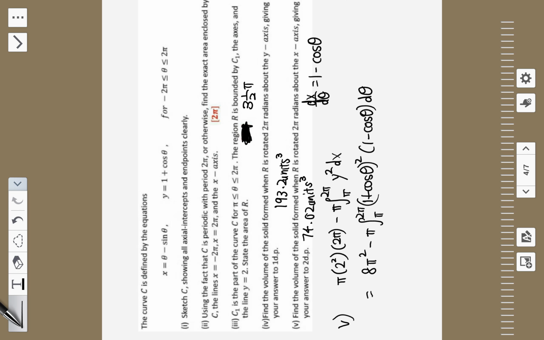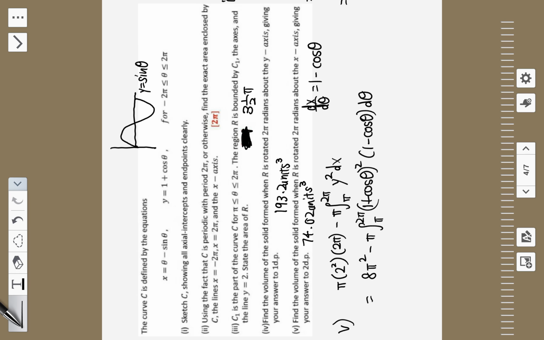So there is also a side discussion on that YouTube, that what if you got something like this, and you're asked to find, you get y equals sine theta. What if you are asked to find the volume of the solid over this part?